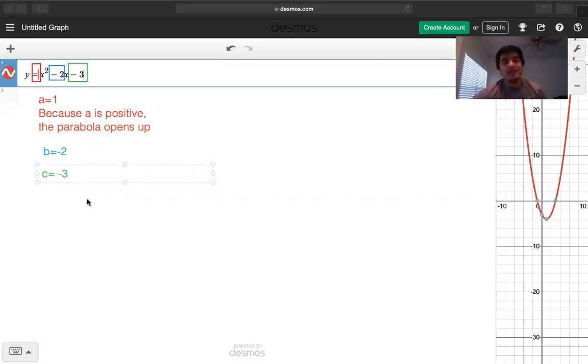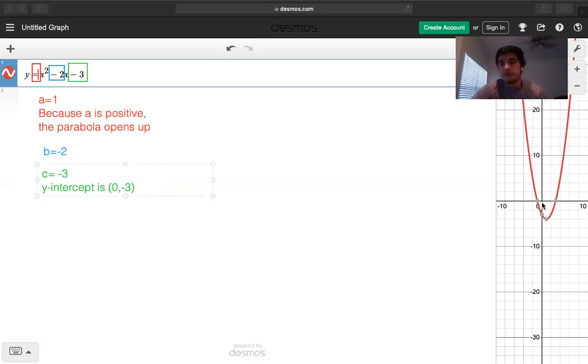So because of that, my y-intercept is 0, comma, whatever my C value is, so -3. And that's what I can get straight up just from looking at this equation. I don't even have to look at the graph to be able to tell that the parabola opens up and that the y-intercept is 0, comma, -3.